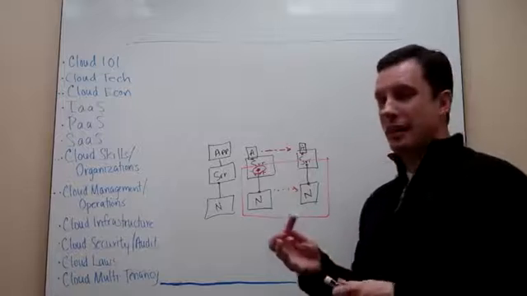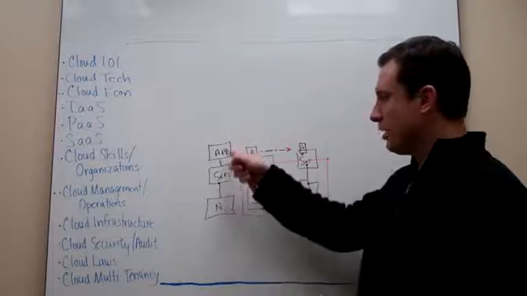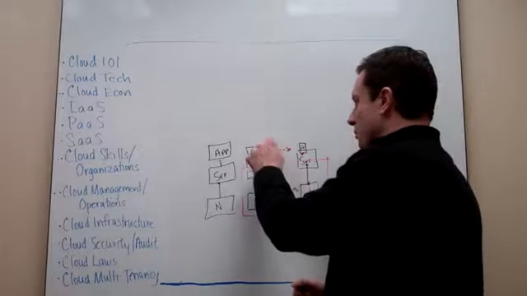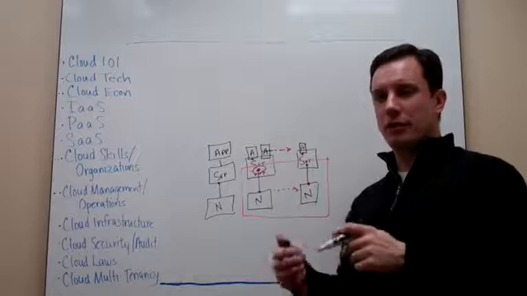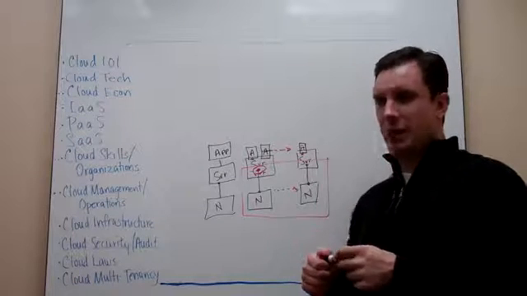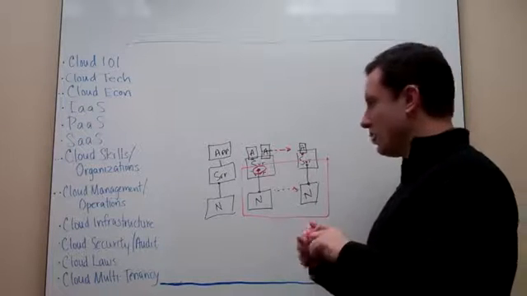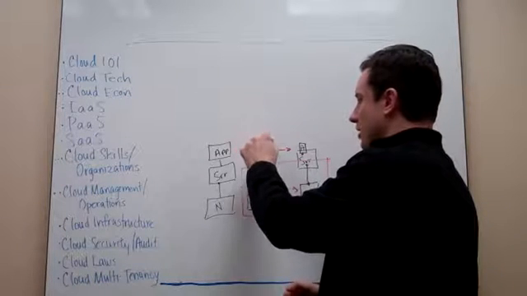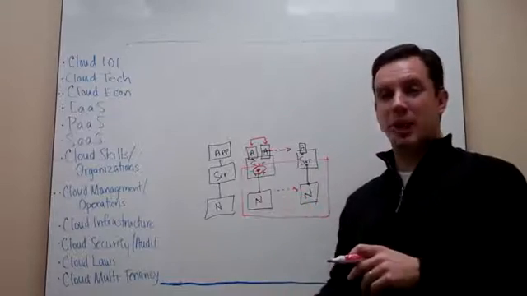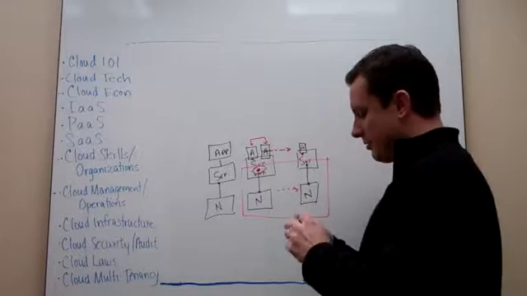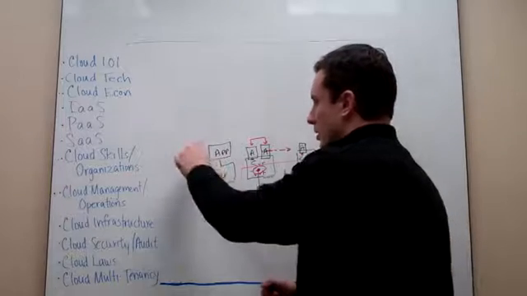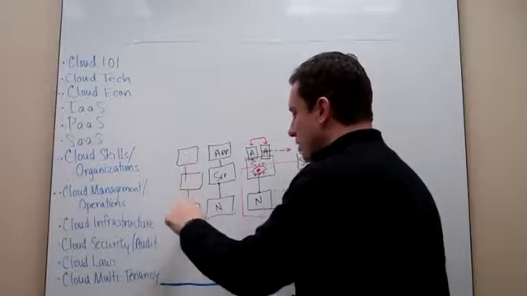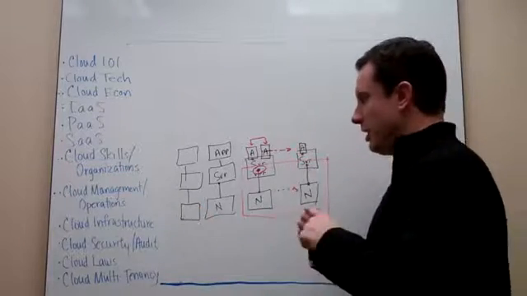The next thing is, we used to have a single application against a server. Now we have multiple applications living on a server, right? We virtualize those applications or that operating system, and we get into a situation where how do we make sure that this application isn't doing bad things to that application? In the past, if we had a scenario where things were isolated, we knew how to put security in between.